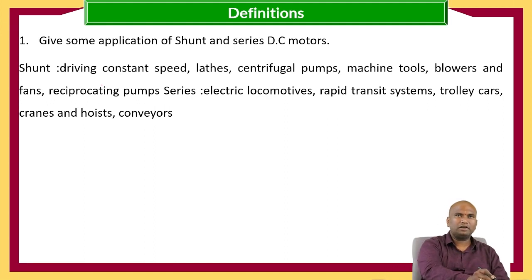So shunt motors drive constant speed lathes, centrifugal pumps, machine tools, blowers and fans, reciprocating pumps. Whereas series motors are going to be used in electric locomotives, rapid transit systems, trolley cars, cranes and hoists, conveyors.